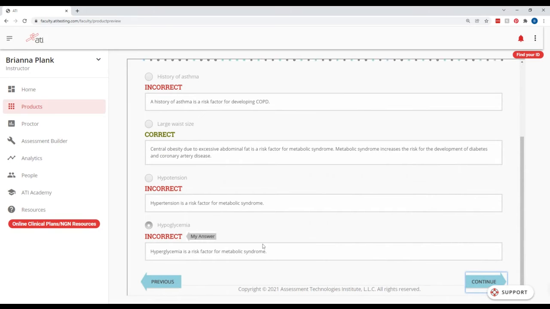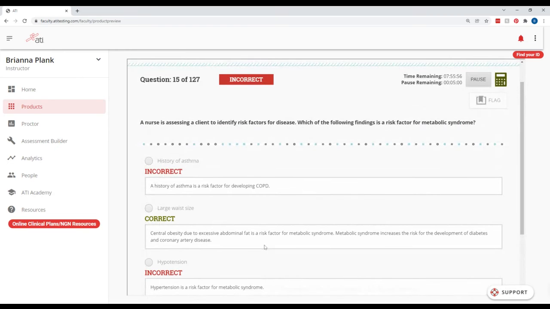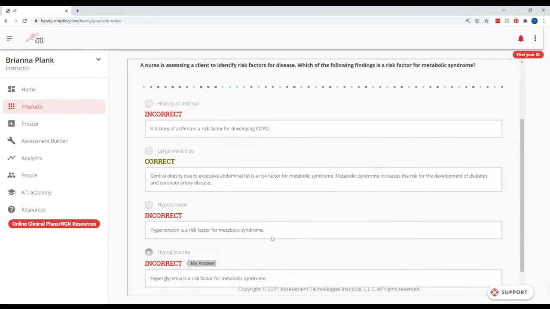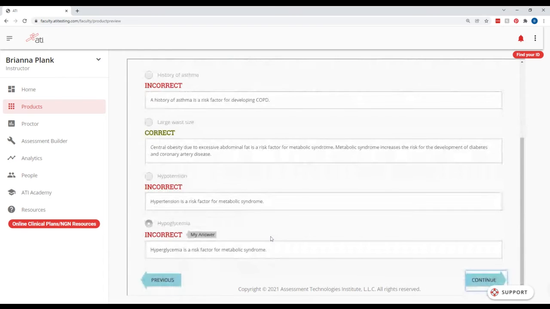Except this says it's also a risk factor. This is confusing. Somebody else emailed me about hyperglycemia. Okay, that's what I was thinking. And then I thought, well, maybe hypoglycemia also. Okay, hypertension, that makes sense. Hyperglycemia. Asthma is not going to be related to metabolic issues.